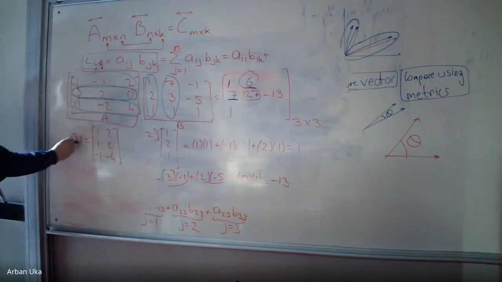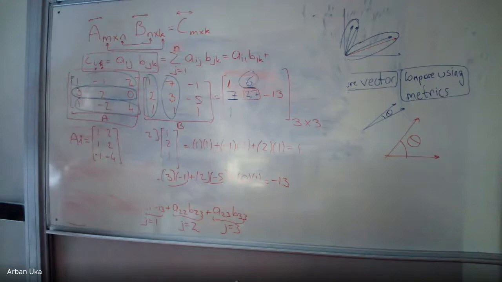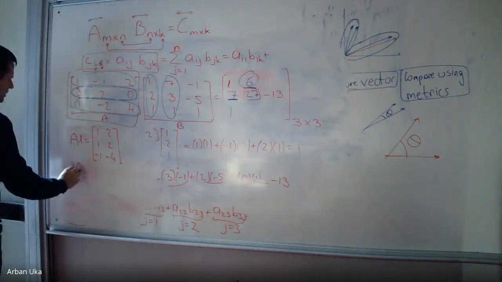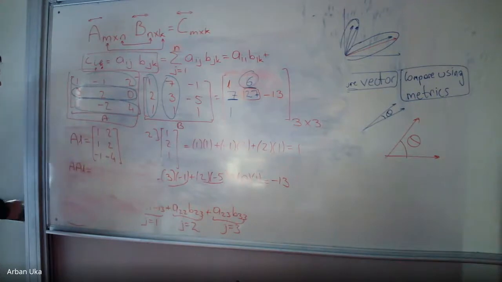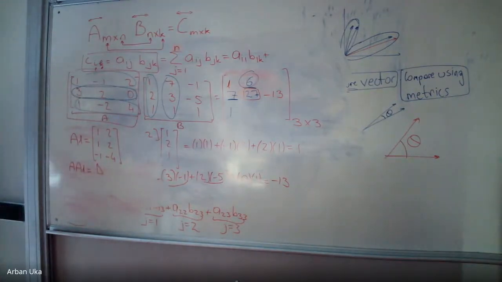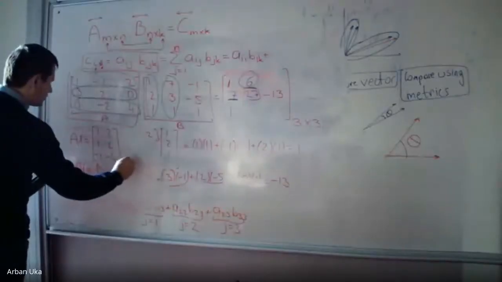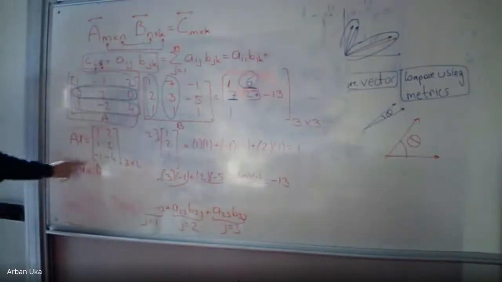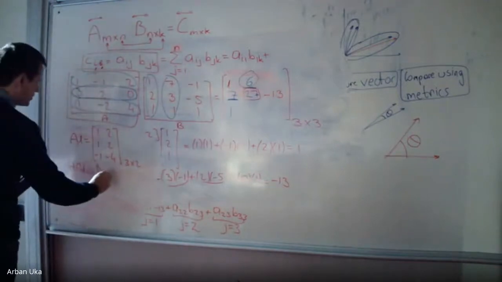You can find what is A times A1, which is equal to a matrix D. What is the dimension of D? 3 by 2. Exactly, because this is 3 by 3 times 3 by 2. So this is going to be a matrix 3 by 2.